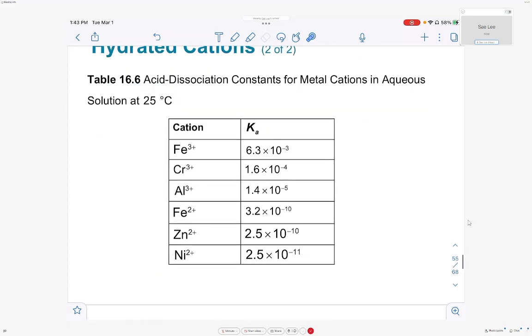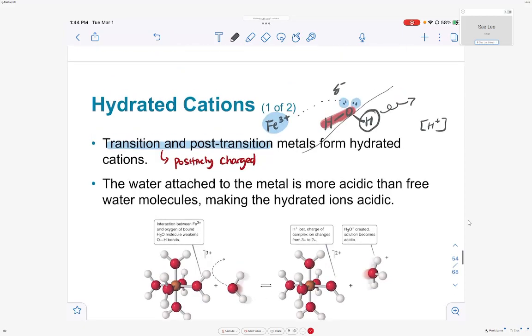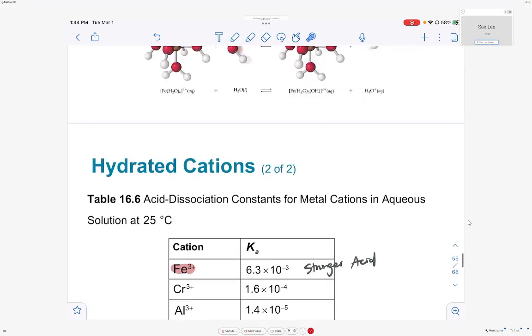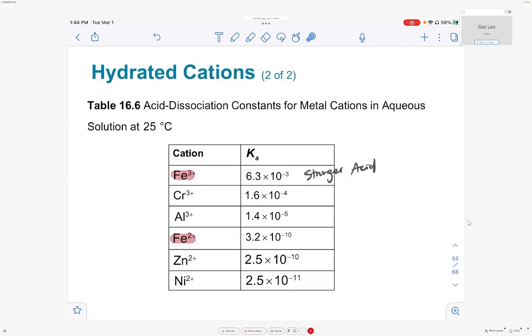So as you can see, compare iron 2 plus and iron 3 plus. Which is a stronger acid? Iron 3 plus is a stronger acid because it is more positively charged. The more positively charged iron attracts this lone pair better. Hydrogen falls off easily. Concentration of hydrogen increases more readily. Therefore, it is considered a stronger acid.